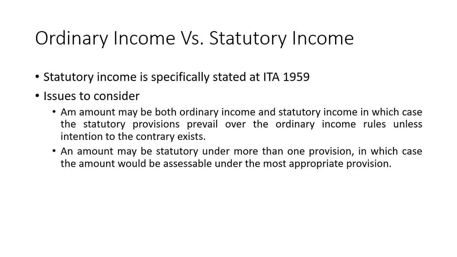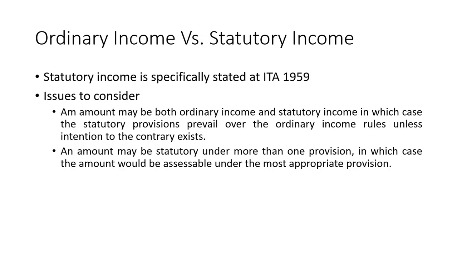So if you are confused whether it's a statutory income or ordinary income because they are considered as the same under the same provisions, the statutory income will be the one to prevail.